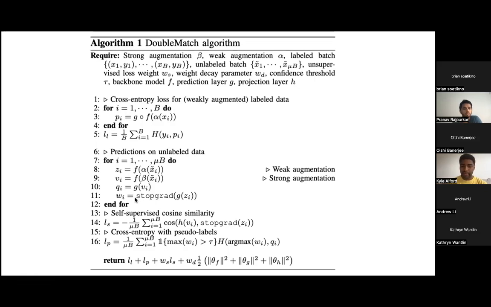And let's see. Also, the stop grad function here is just because the weakly augmented branch in the network is treated as the teacher network. That's just basically for backpropagation. It's stopping that gradient from being propagated through. So only the student network is actually learning.